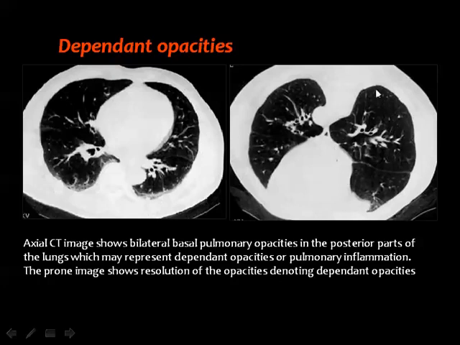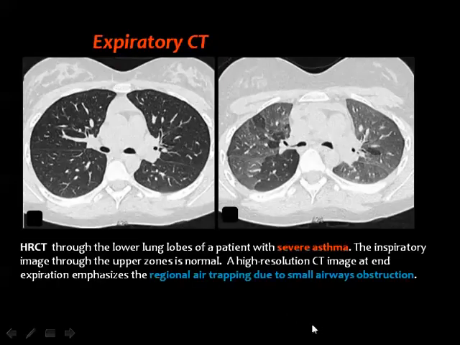Then you can see that the areas that were opaque are now clear. This is a fact that you should consider in the interpretation of these images, that in old age in particular, many of the patients will have such opacities, and this is nothing but dependent secretions.